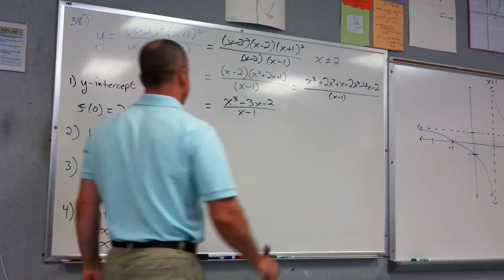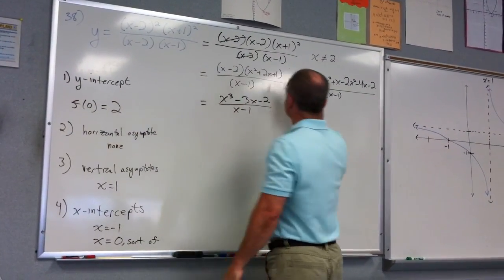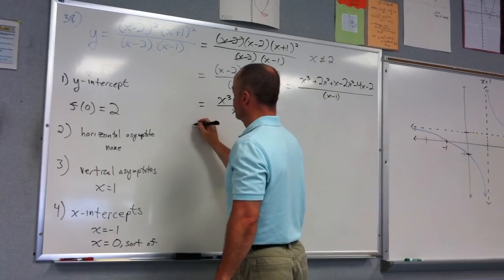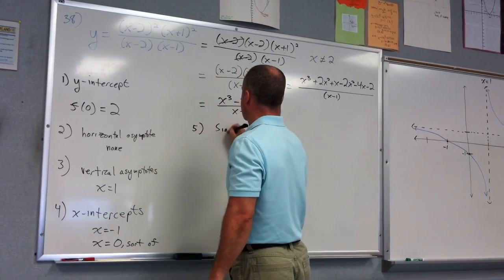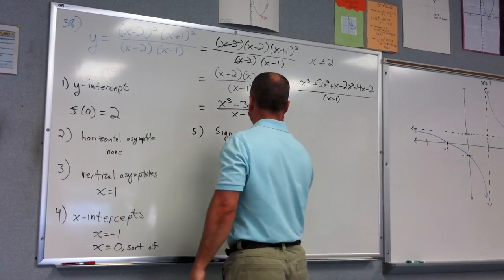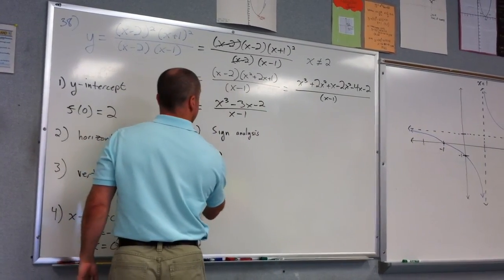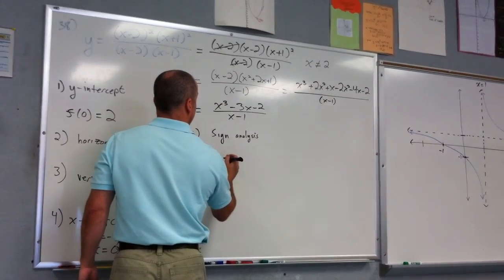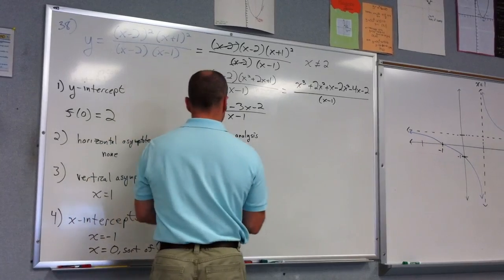Let's do our sign analysis now. We just need to do it for these 3 remaining factors. Did I spell analysis correct? I'm having one of those days. Yeah. Okay. Oops, let's do the x minus 2 first.